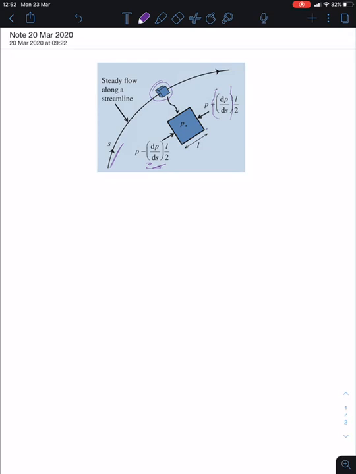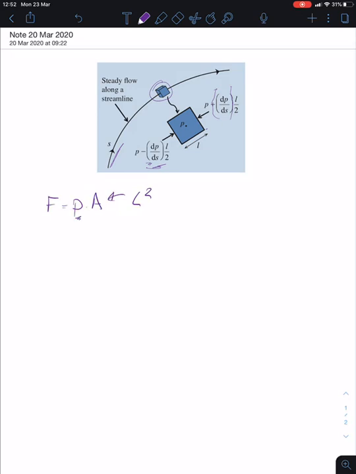What we're interested in is the net force exerted on the cube. We can say that force equals pressure multiplied by the area. In this case, the area, as I said, is L squared, and the pressure is the pressure difference between the two sides.